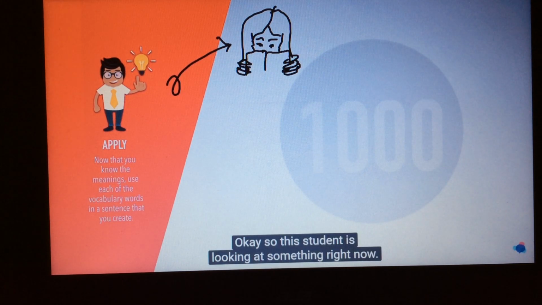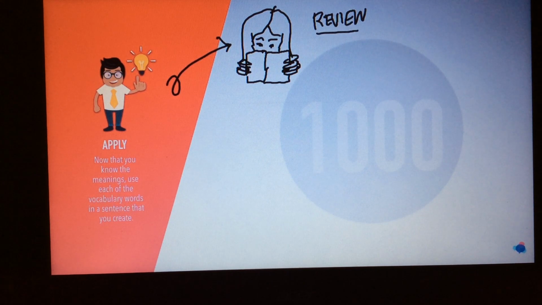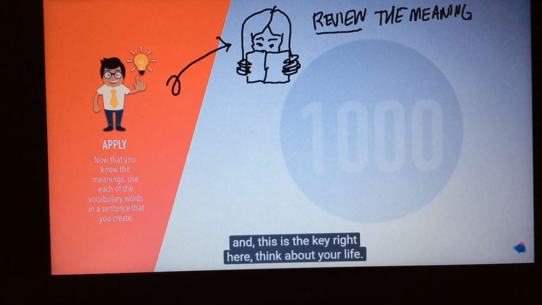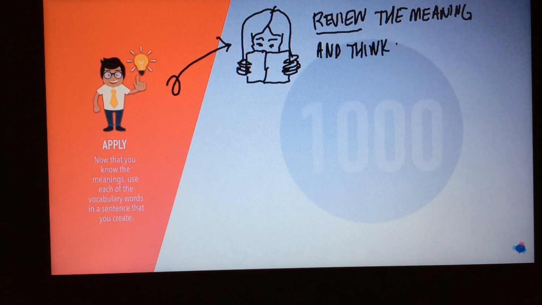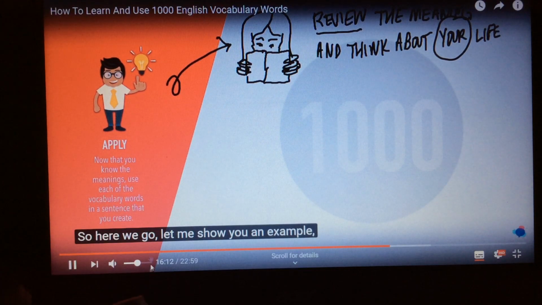This student is looking at something right now. What you're going to do is review the meaning, and this is the key right here. Think about your life. This is key. Review the meaning and think about your life. So here we go. Let me show you an example.